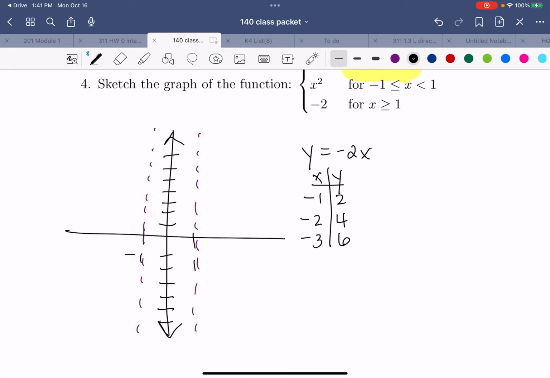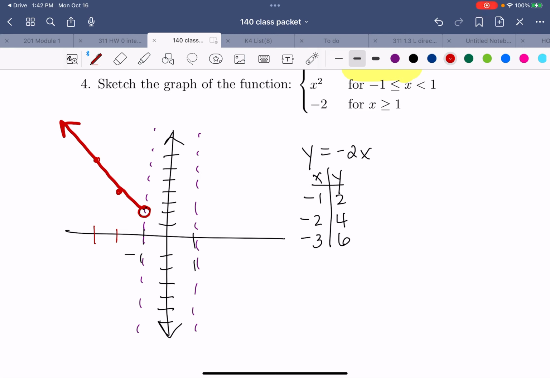Then I get negative 2, 4, and negative 3, 6. And so that's going to look like this.